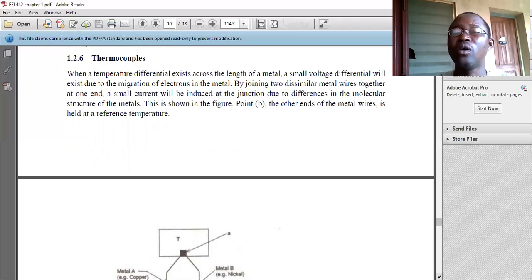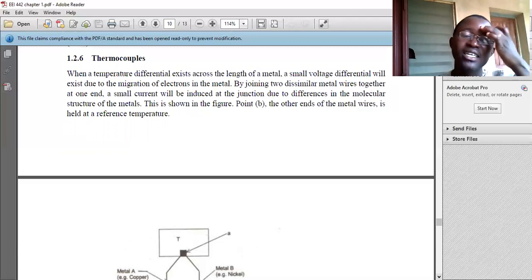Over there, we looked at more things regarding the transducer, which include the loss of thermocouple, loss of intermediate temperature, and so on. But basically, the principle of operation of a transducer is what we're going to revise here.